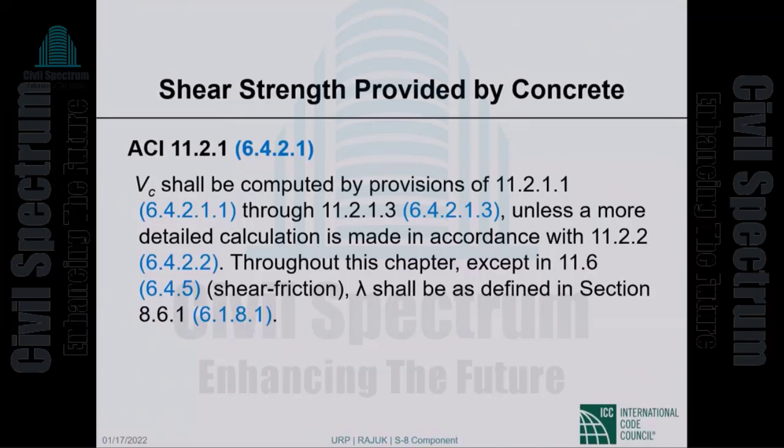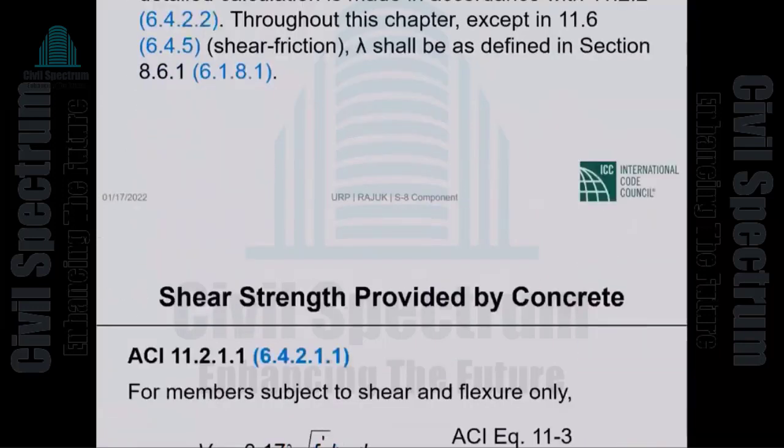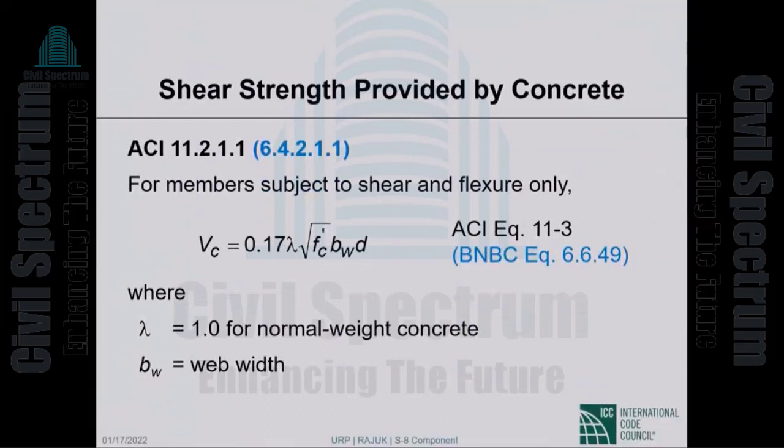Throughout this chapter, except in 11.6, which is shear friction, which we will not discuss today, lambda shall be as defined in section 8.6.1. Lambda, the lightweight concrete factor, is in chapter 8, and you can look that up. I didn't reproduce that. Okay, so this is how to calculate V sub c, the concrete contribution.